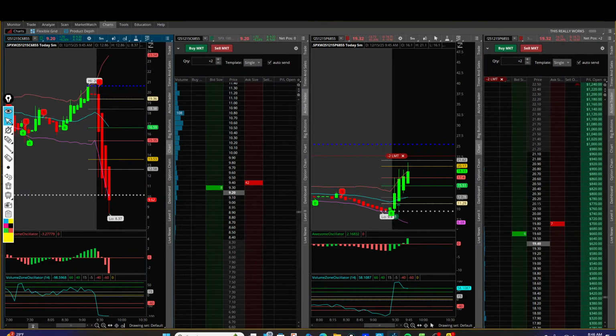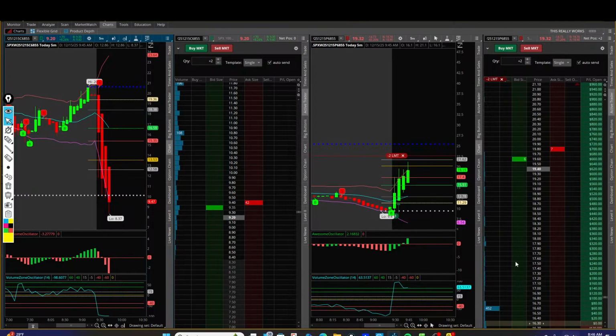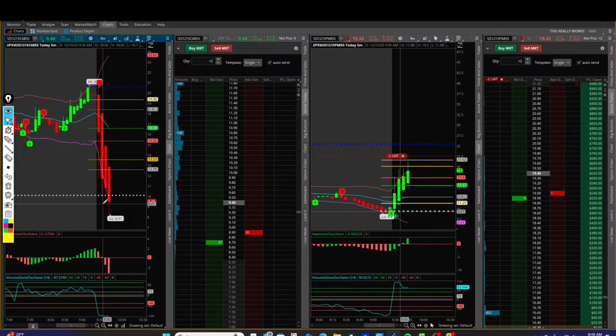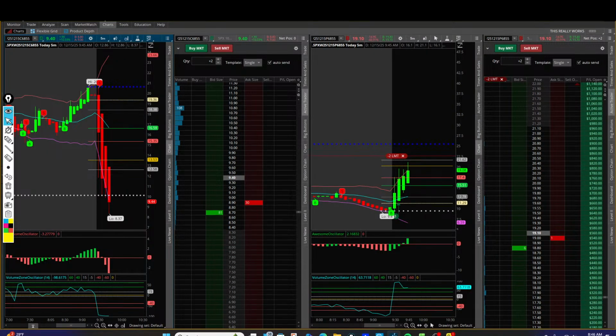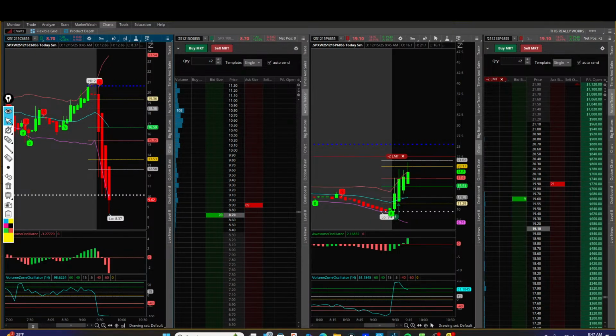Feel confident that this one's going to carry on through, because just looking at the calls, how it has gone through that support line right there. So that's a bearish thing. So we're just waiting. I anticipate within the next 5 minutes this trade will be done.